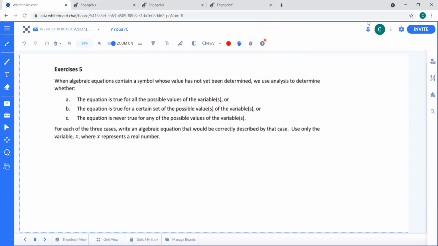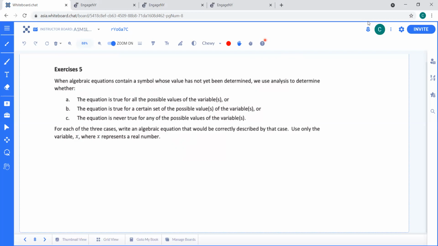When algebraic expressions contain a symbol whose value has not been determined, we use analysis to determine whether the equation is true for all possible values of the variables, or the equation is true for a certain set of possible values, or it's never true. Okay, for each of these 3 cases, write an algebraic equation they be correctly described by that case.